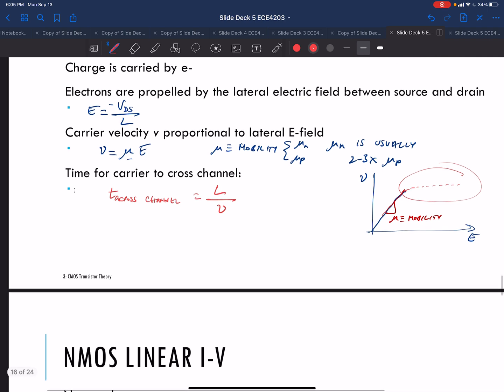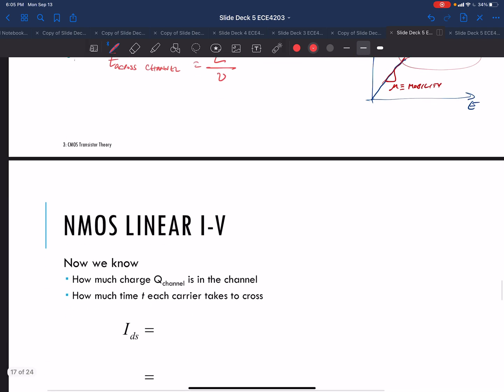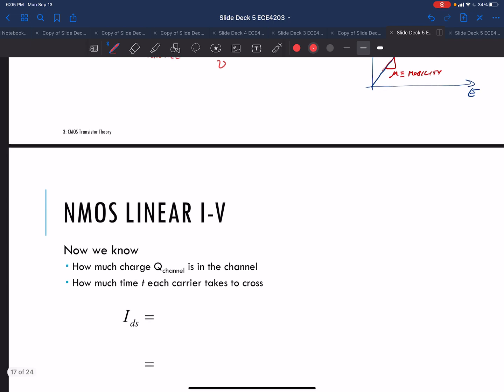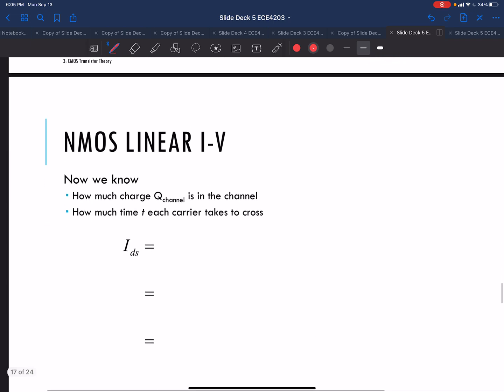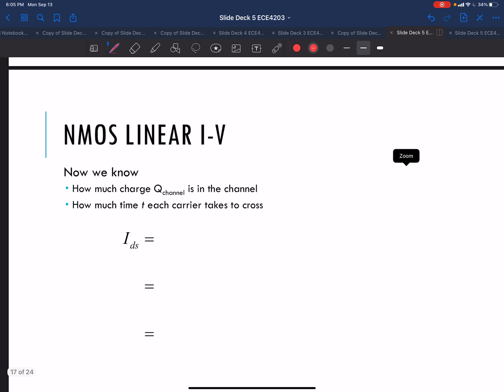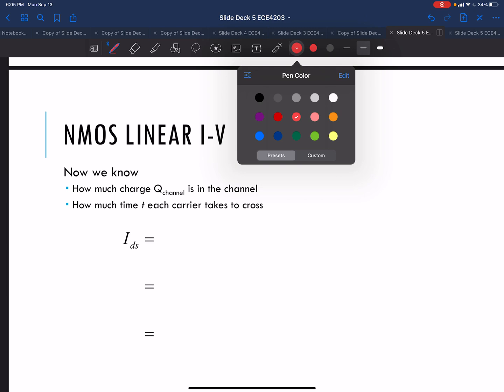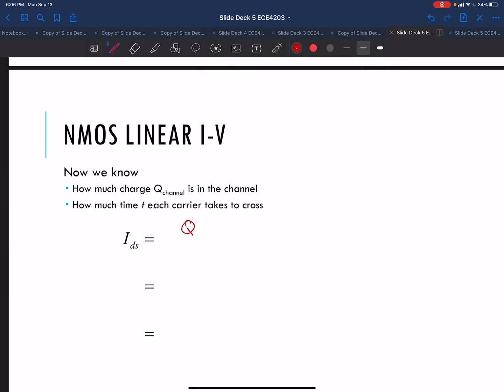All right, so now let's put everything together. We basically said the current is equal to the charge in the channel divided by the time it takes for the carriers to go across the channel.